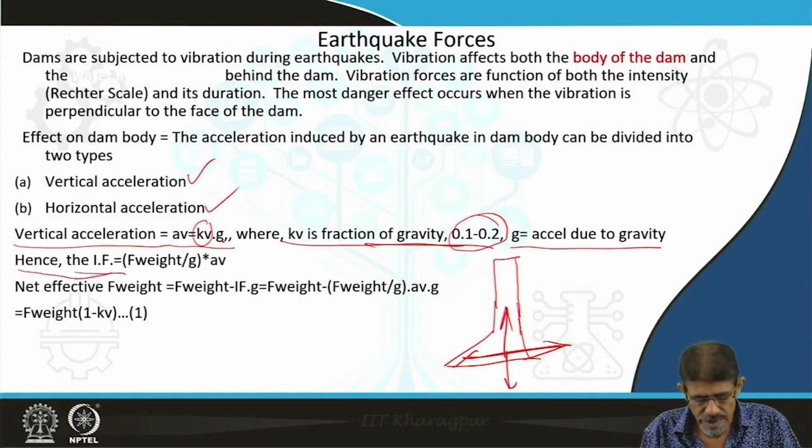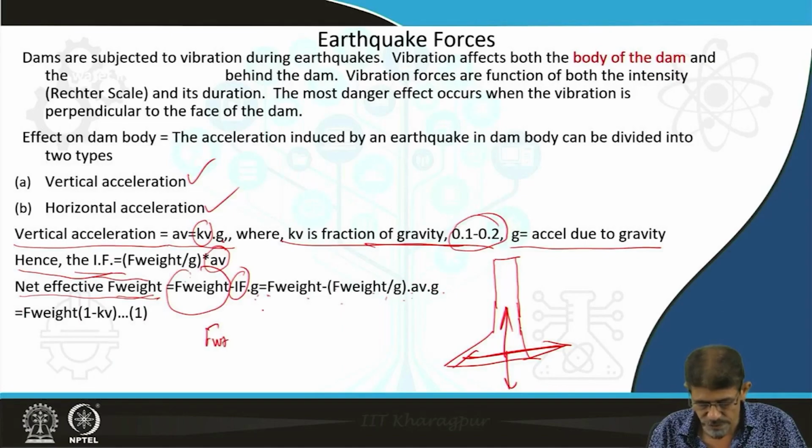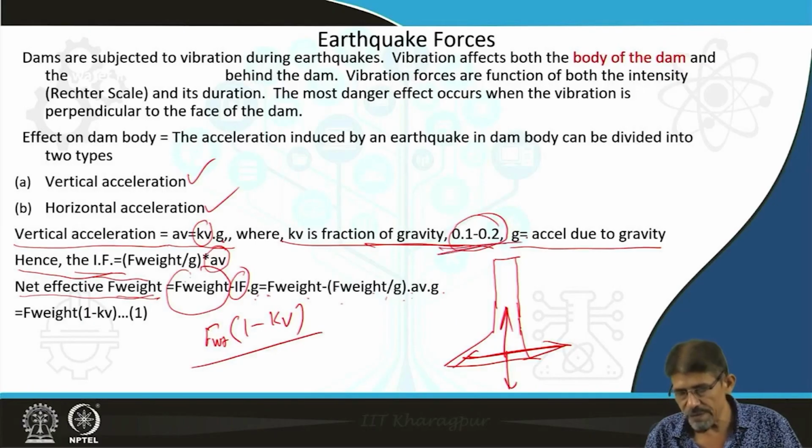Hence, the inertial force we can calculate easily: F is equal to W by G, that is the mass, multiplied by acceleration, F is equal to ma, Newton's second law. The net effective weight is the weight of the dam minus the inertial force, so W minus W by G into AV into G, and finally we calculate W effective as W multiplied by 1 minus kV, where kV is 0.1 to 0.2.